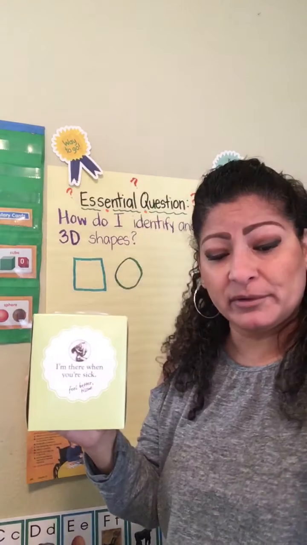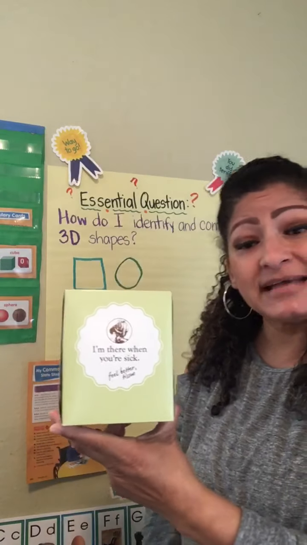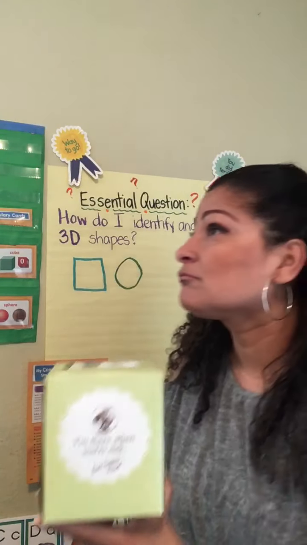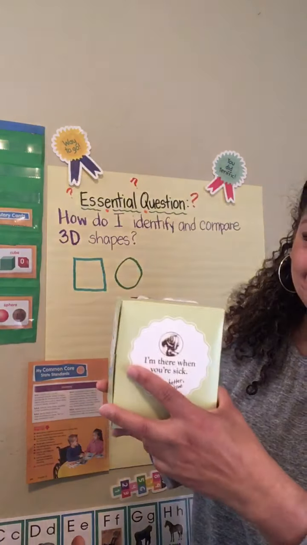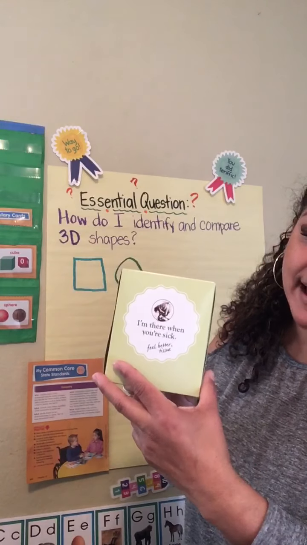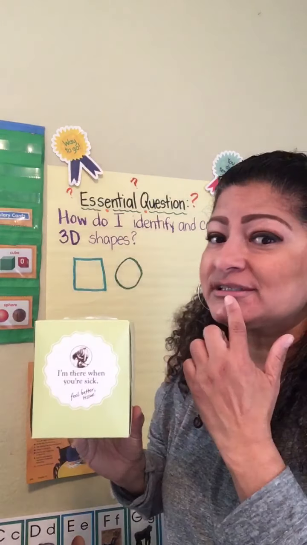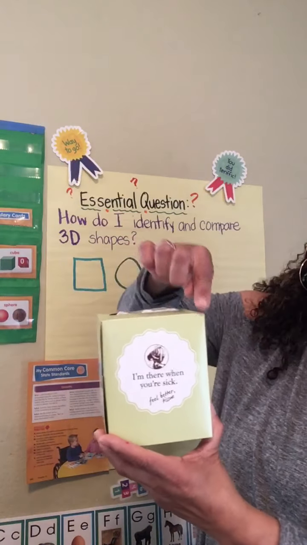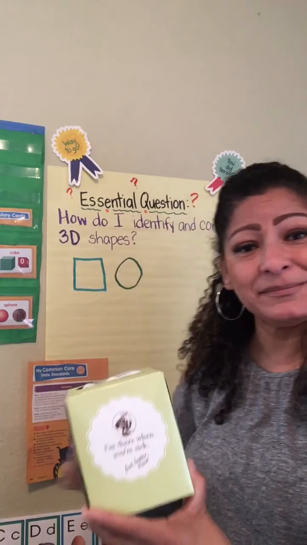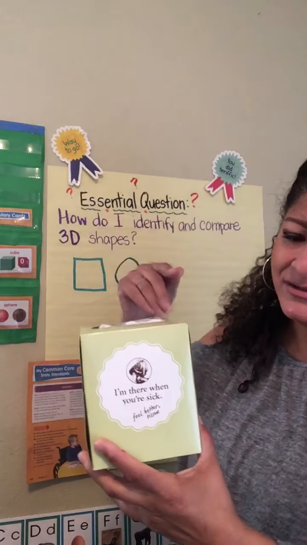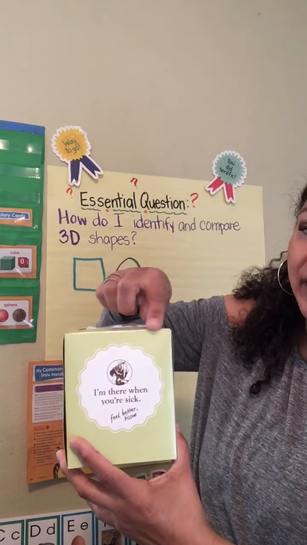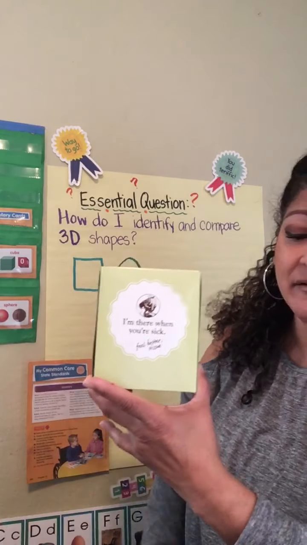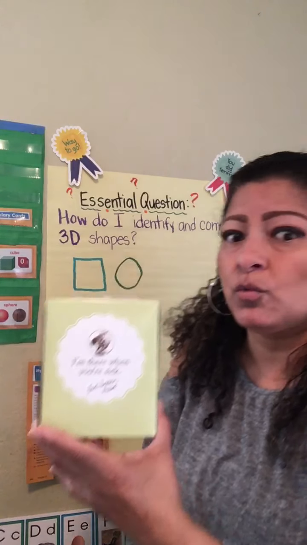Let's review cube before we go to our next shape. A cube has how many faces? Good job, 6. A cube has how many vertices? Good job, 8. And challenge, how many edges does a cube have? 12.